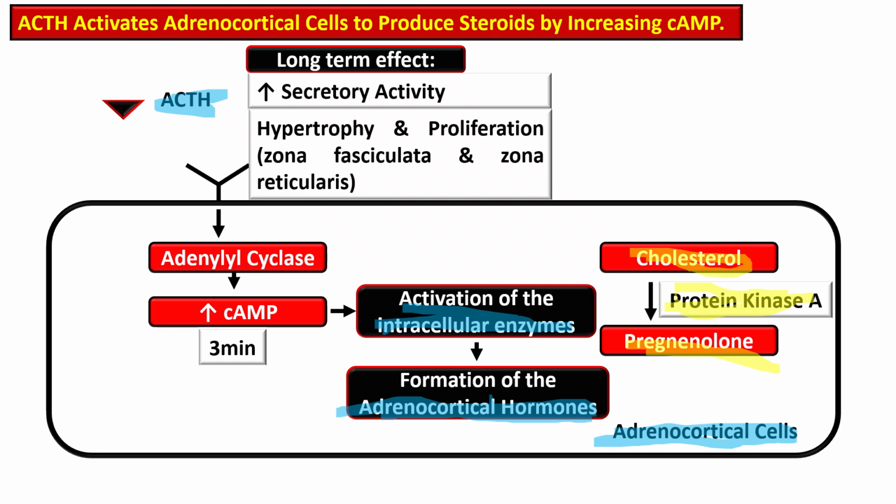These relate to increased secretory activity of these hormones and result in hypertrophy and proliferation of adrenocortical cells, especially the zona fasciculata and zona reticularis, the regions that are under the control of adrenocorticotropic hormone, and they are responsible for release of cortisol and androgens.